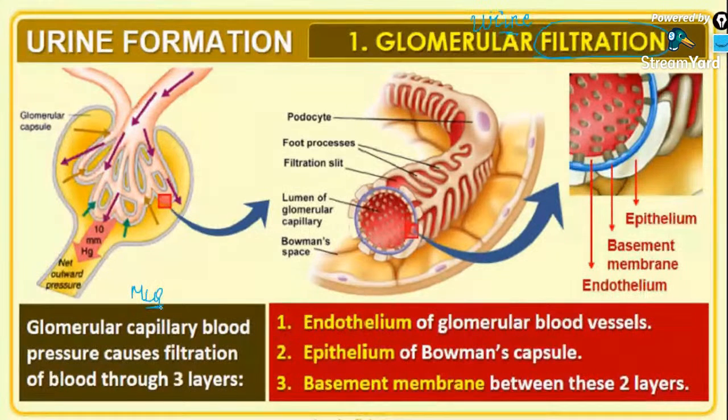This is because there is a high blood pressure inside the glomerulus. Due to the different diameters of the afferent and efferent arteriole, clearly shown in the diagram itself, the blood pressure is very high.